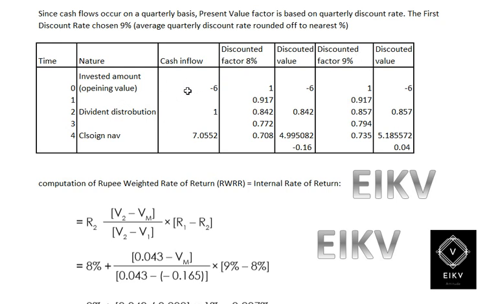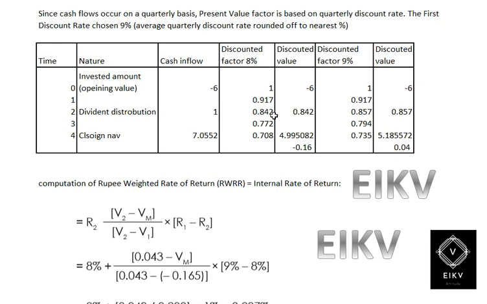So at the beginning it would be 6 crore, therefore negative 6 crore, and at that time the discounting factor would be 1, therefore 6 into 1, which gives you 6. After that, after the end of the second quarter, there would be a dividend distribution of 1 crore, which should be multiplied by 0.842.